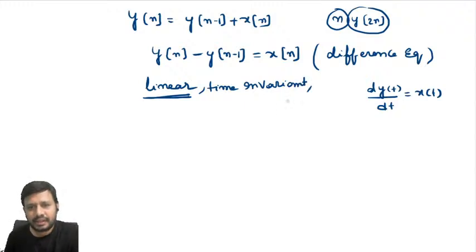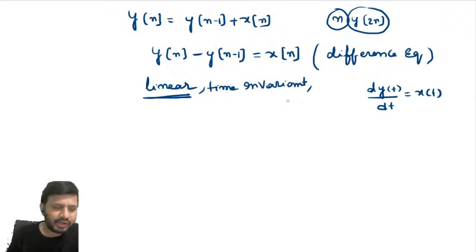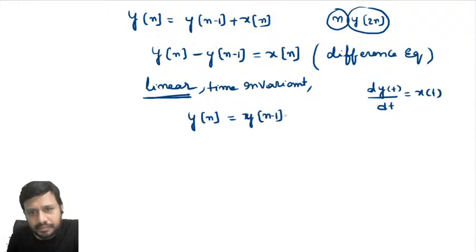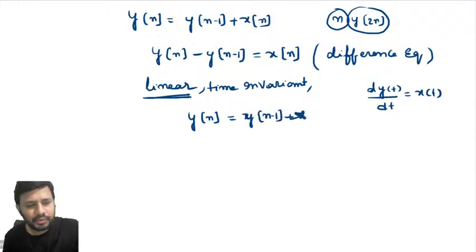And the third one is asking about stability. How are you going to verify stability? Listen carefully, all of you. What do you know about stability? Bounded input must produce bounded output.